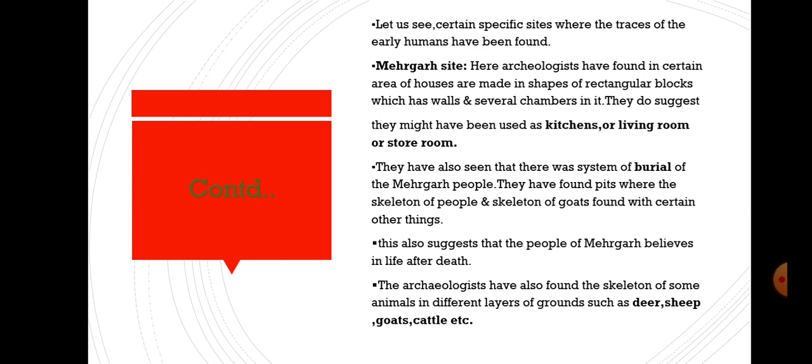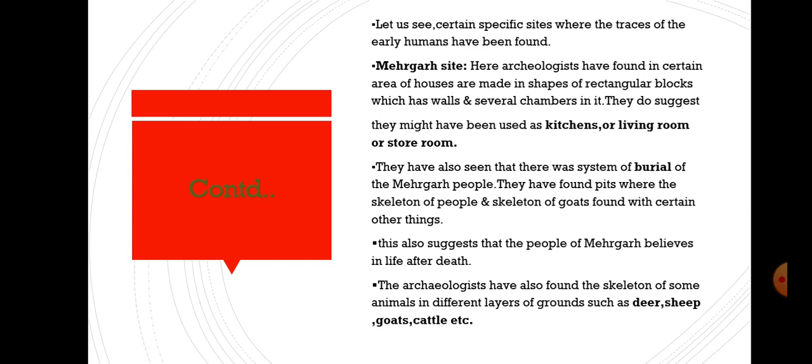It has been suggested by the archaeologists who found such evidence that these types of constructions might have been used by early humans as kitchens, as living rooms, or as storerooms.